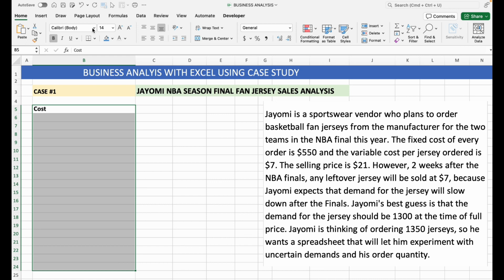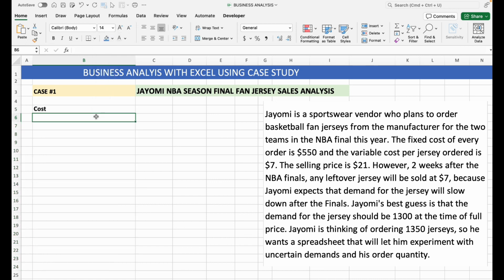So the fixed cost, we have a fixed cost is $550. Then we have a variable cost, which is $7 per jersey.